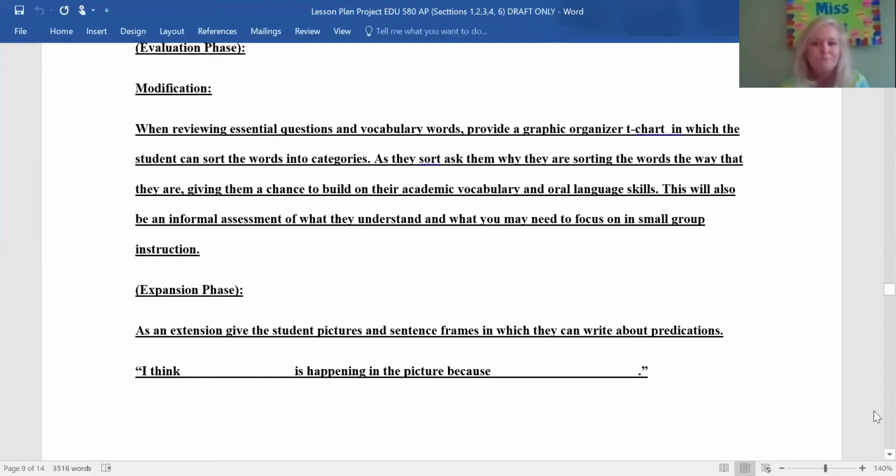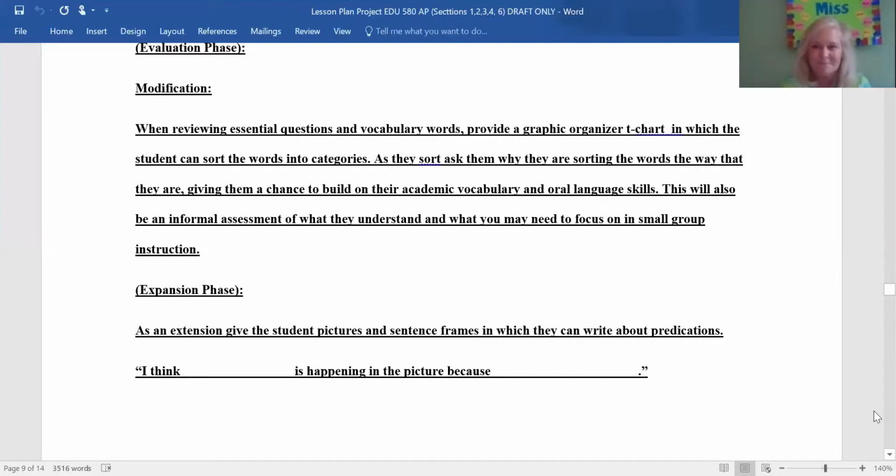Yeah, absolutely. I agree. And then really the last thing now is the extension of the lesson. This is not something that always takes place, but I just added it as an extension. You could give Murdy more sentence frames based on what he wrote in his prediction, something like, I think blank is happening in the picture because blank.